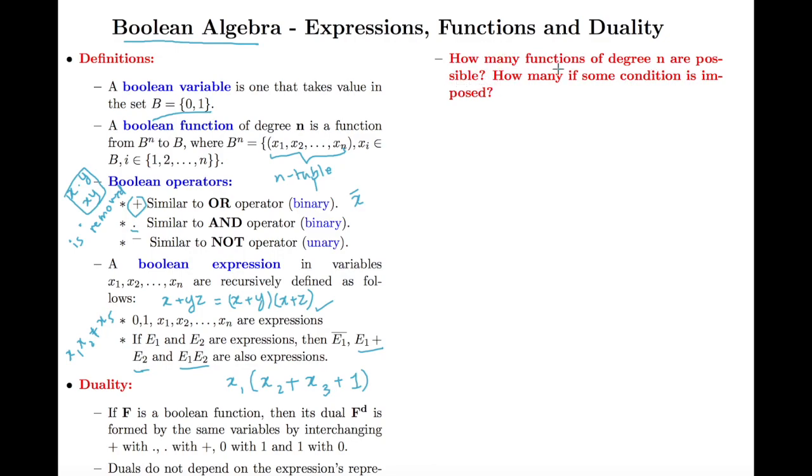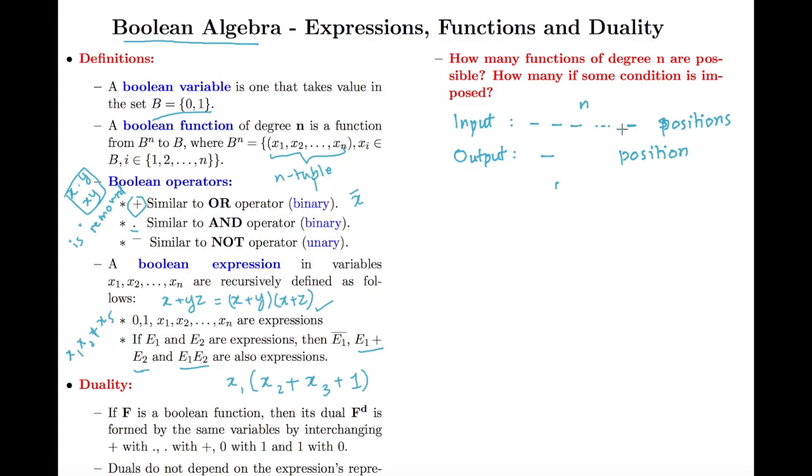Now a function of degree n, what is it? It is a mapping, or a function, from B to the n to B. So this means my input has n spaces or n positions, and my output, or my function value, has only one position. So n positions and one position.